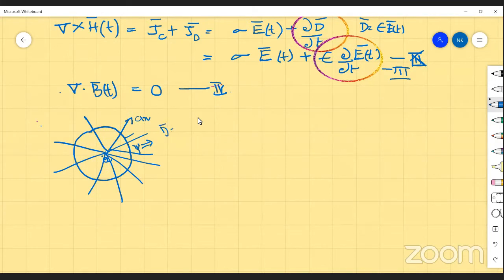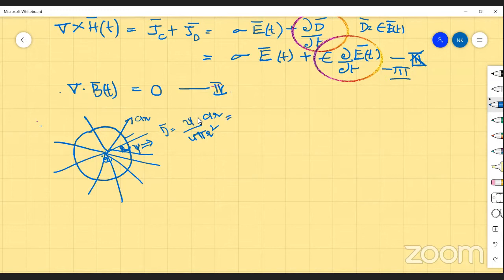D bar is equal to q by 4 pi r square into ar, where the radius is r. So what is the total flux?